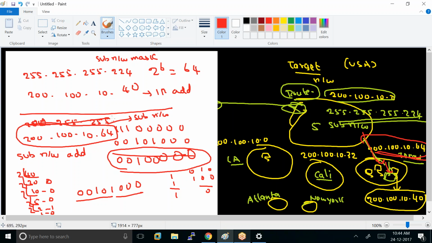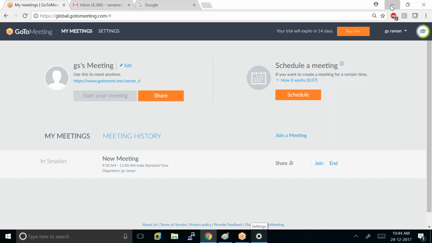The subnet address is 200.100.10.64. This is the way by which your router will compute the subnet address based upon the following rules, and it will make the data reach the appropriate destination. Is it clear for you? Am I making sense of what I am trying to convey?